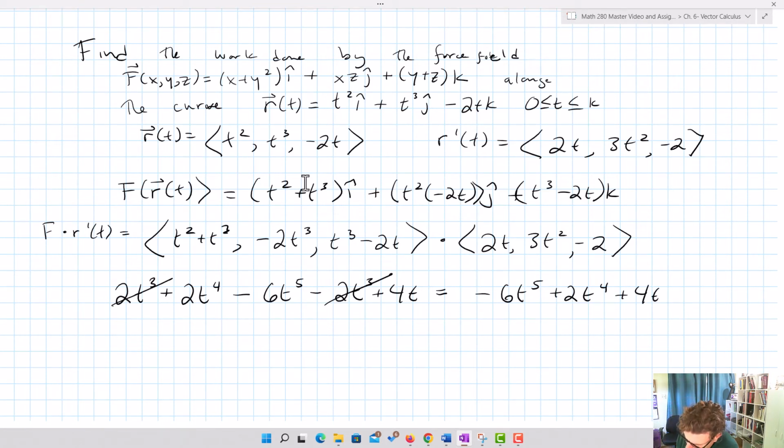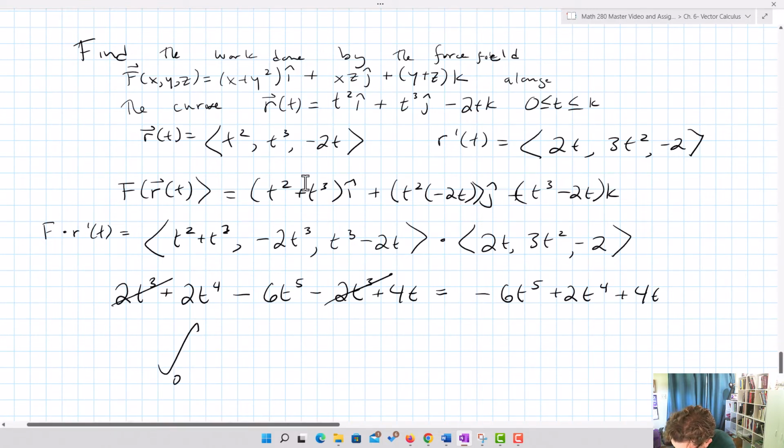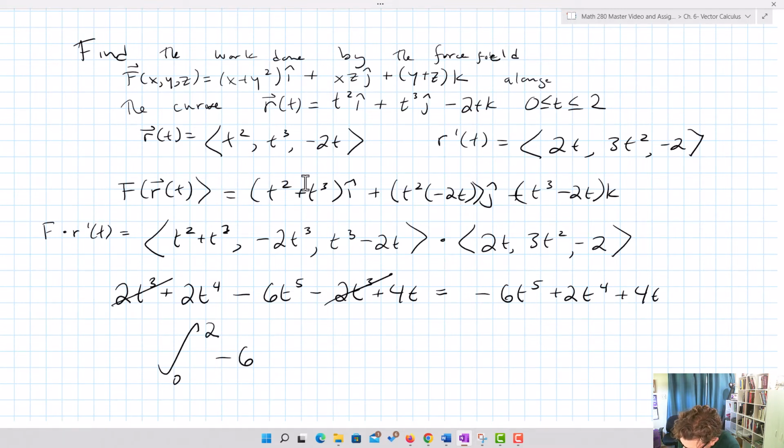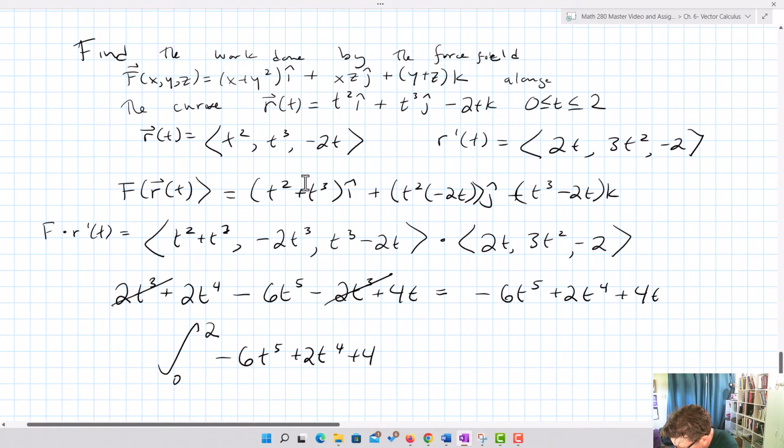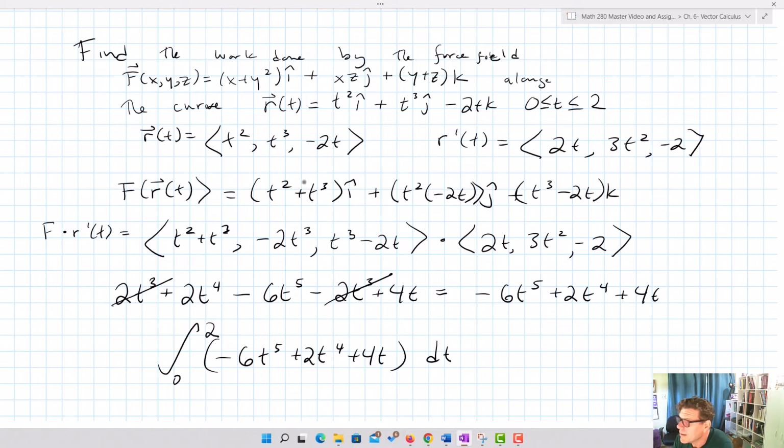So my line integral is then going to be just this, dt. So it's going to be the integral from 0 to, excuse me, 0 to 2 of negative 6t to the 5th plus 2t to the 4th plus 4t dt. And then we just integrate that and evaluate.